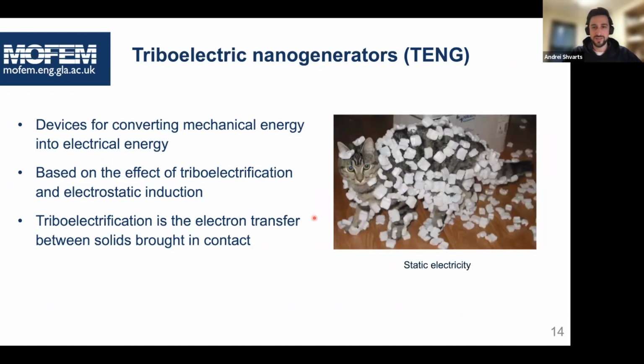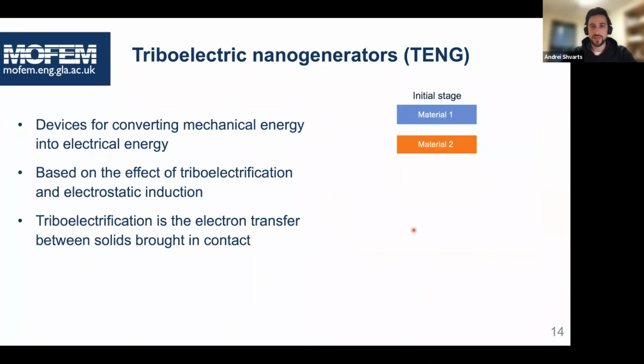And to briefly explain that, triboelectrification is nothing but static electricity. We all know how it happens. Imagine a couple of specifically chosen materials, which are neutral and don't have any charge in the initial stage. Then we bring them into contact, and charges start to generate at the interface. Basically, the reason for that is electron transfer from one material to another.